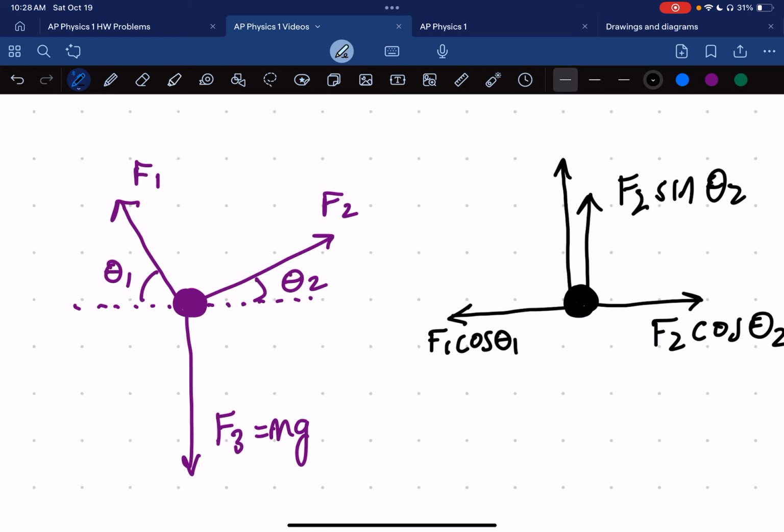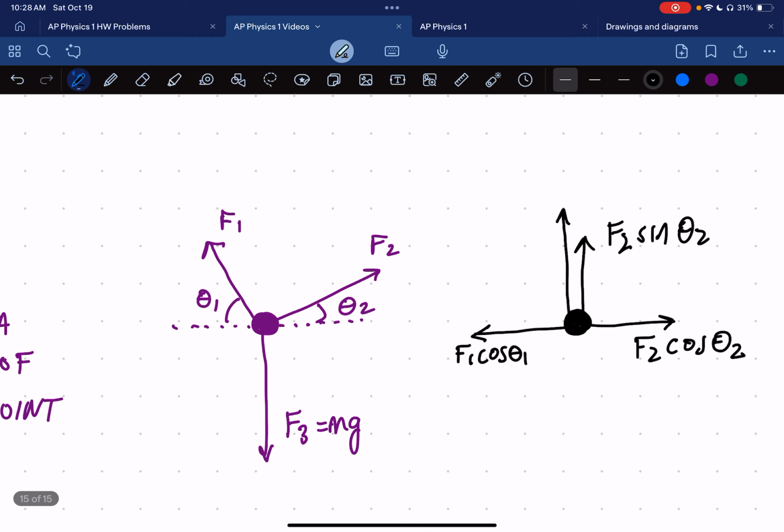It's not important which one's longer, just that we know that they are different lengths. If we draw them the same length, then it would sort of imply that they're equal, but we don't know that, and they're not. So make it a different length, and we'll call it F1 sine theta 1.